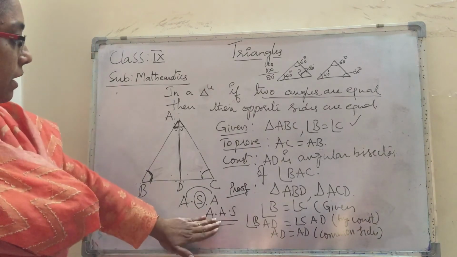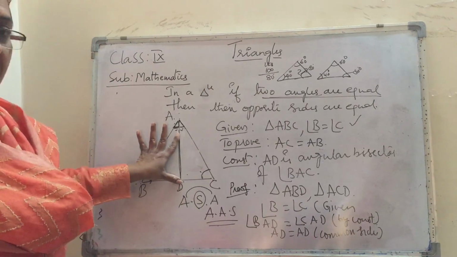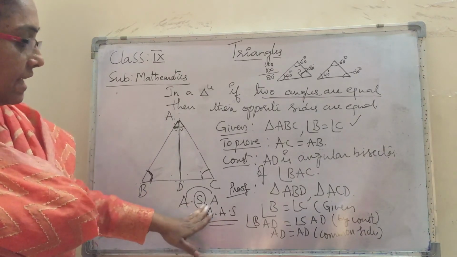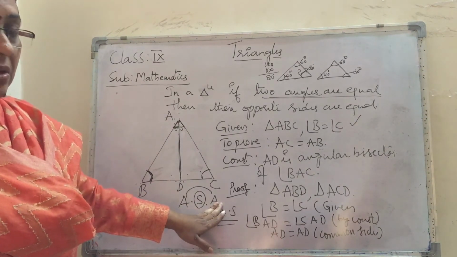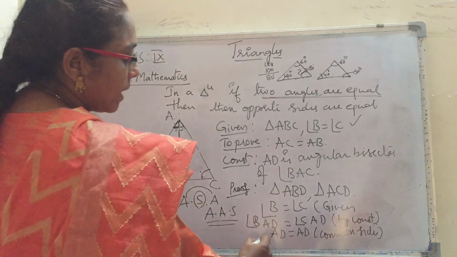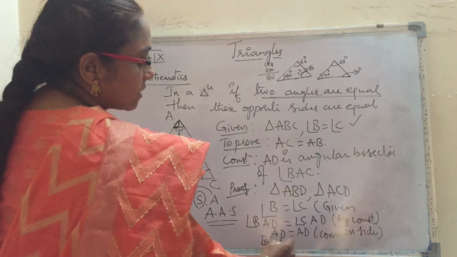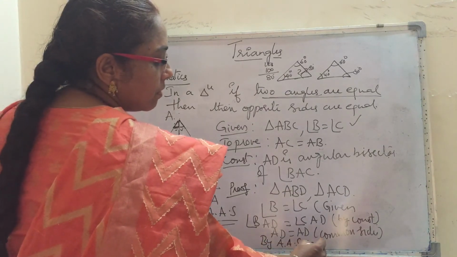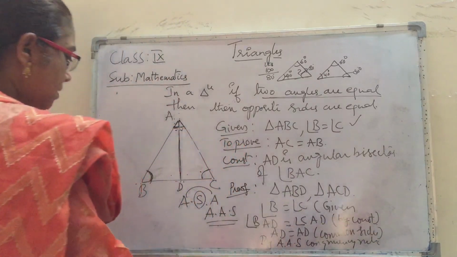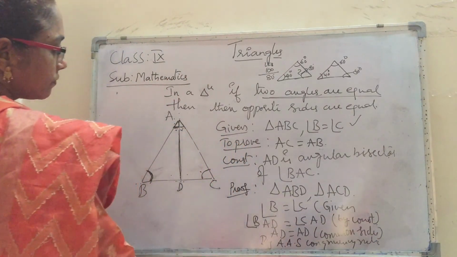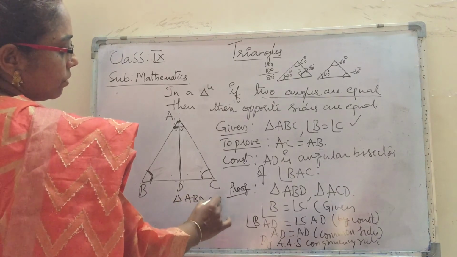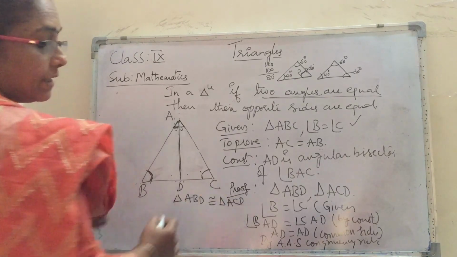But the side is not directly included between these two angles, so we cannot take it as the ASA congruency rule. So we can take the AAS congruency rule. By the AAS congruency rule, we can say that triangle ABD is congruent to triangle ACD.